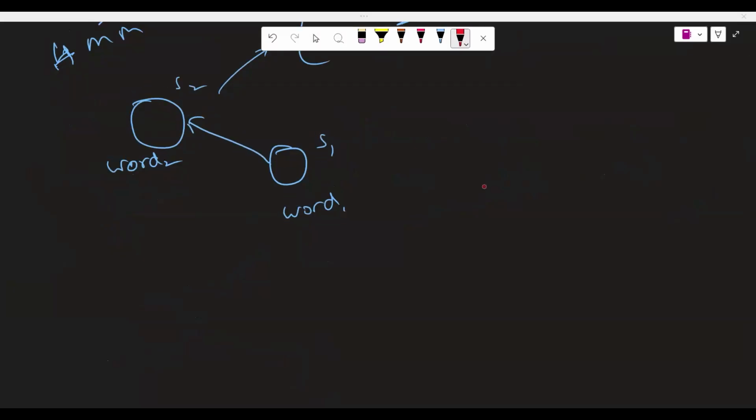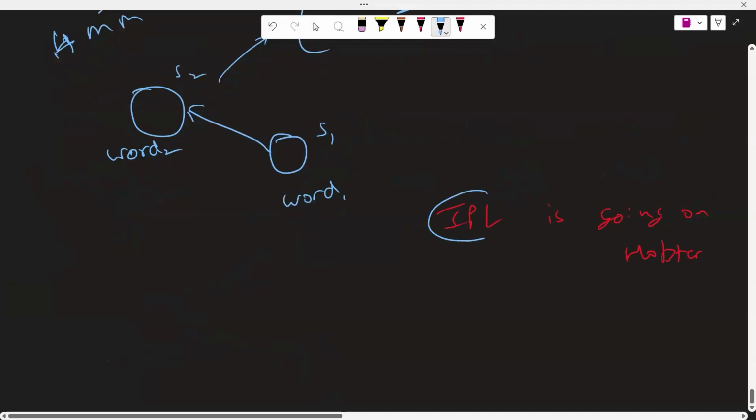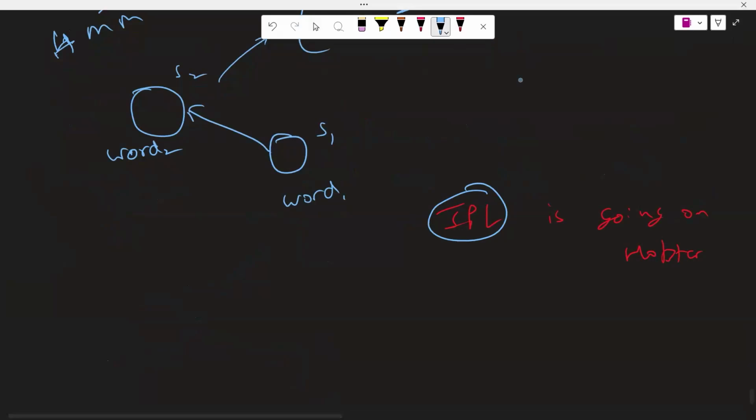So let's say you have the sentence "IPL is going on Hotstar." Let's say you started finding this probability right from the first word. You wrote IPL, and after that you found out all the probabilities, like the probability of "is going on Hotstar", because the user only typed IPL, right? And based on that, you found out this particular probability.